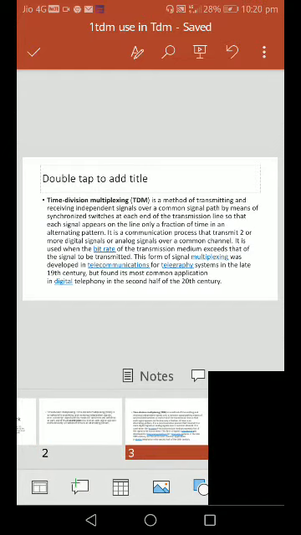Then we have the next slide of time division multiplexing.